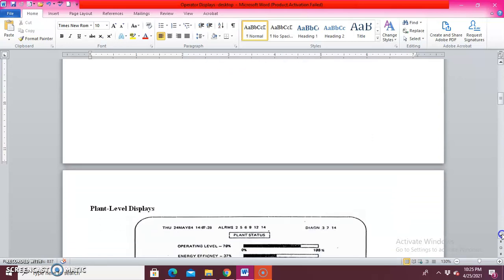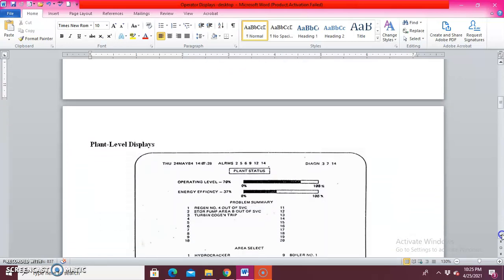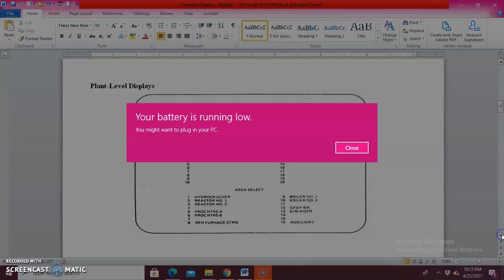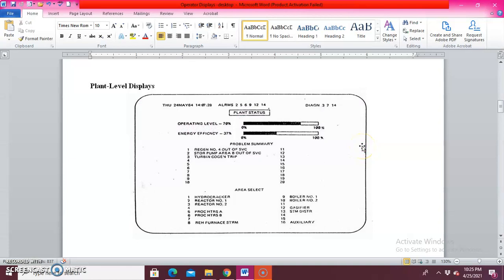Next comes your plant level display, and how it is going to execute. The plant level display consists of your plant status, which has an operating level, energy, efficiency, and also an area select.